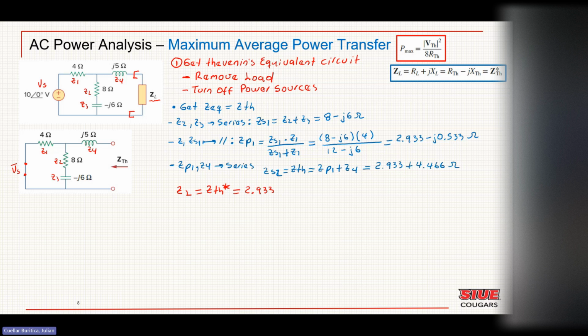And what we do to turn this into the complex conjugate is that we just change the sign of the complex part. Here I need the J. I will add this minus J 4.466 ohms. Now we have half of the answer here.